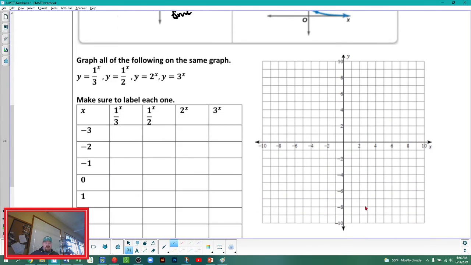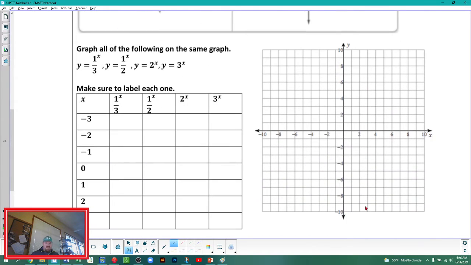So let's graph all three of these on the same graph and see the differences that are going to come into play. I'm going to start with all of them at 0 because at 0, every single one of these is 1. I'm going to need different colors for these so that we can keep them separated. So all of these are 1 when x is 0.